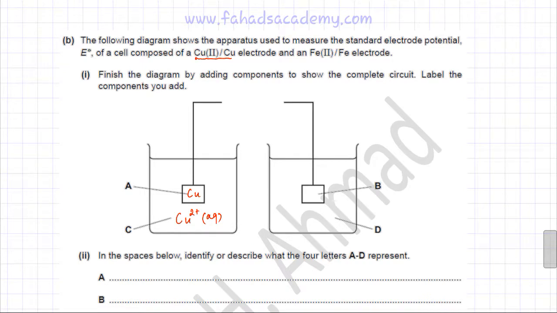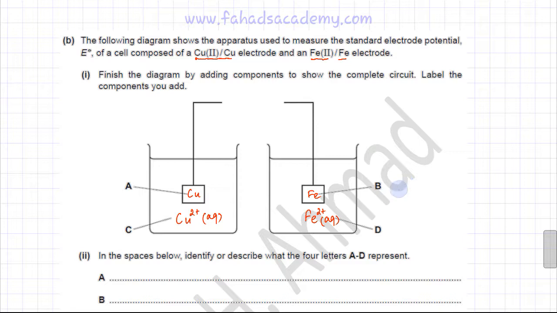And the other electrode is the Fe2 ions Fe electrode. So you have Fe2 plus in aqueous state, and this electrode is made out of iron. I'm also going to write the electrode equations.